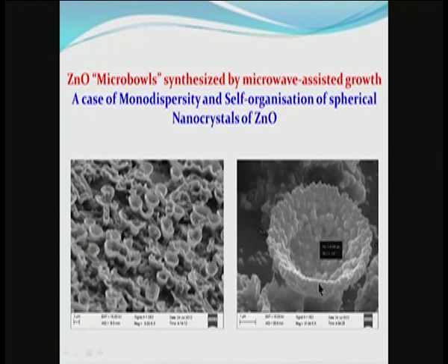So, there is a so called self organization of spherical nanocrystals of zinc oxide into these micro balls. That is known as oriented aggregation, which we have no time to go into, but what you can see here is that electron microscopy is very important in describing the shape and size and faceting in crystalline materials on the nanoscale.